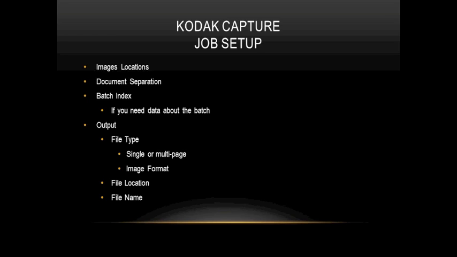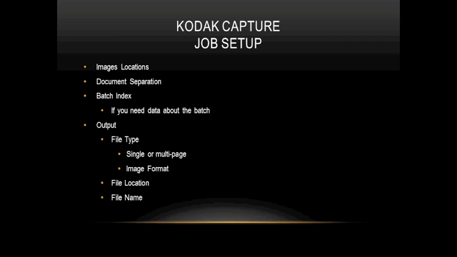So that brings us to where are we going to output, what kind of file types. Is it a single or multi-page file that we want? Is it a format of TIFF or JPEG or PDF? All of those things can be set here, as well as more information for the file location that wasn't set up initially.